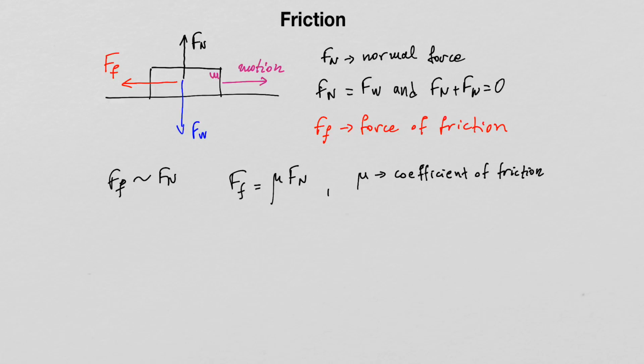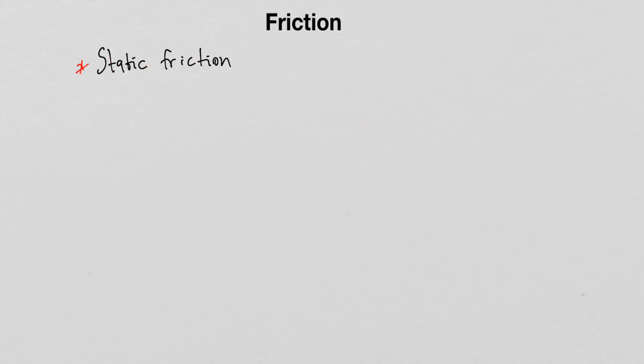And now let's look at the different forces of friction that can arise based on the type of force that's applied to an object. So first we have static friction. This is the force of friction that arises when a force is applied to an object, but the object is not sliding across a horizontal surface.